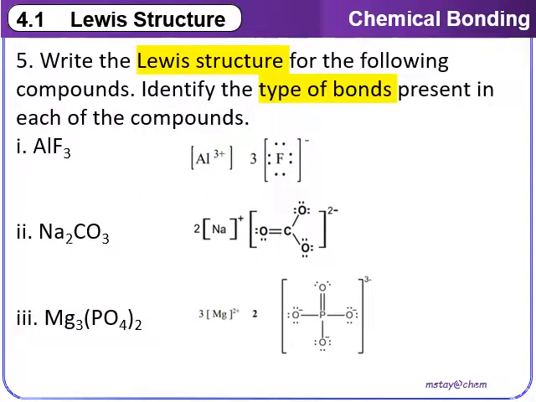Continue with tutorial question number 5. Let's say we are already given the Lewis structure and now we want to identify the types of bonds present in each compound. So recall what the types of bond are.